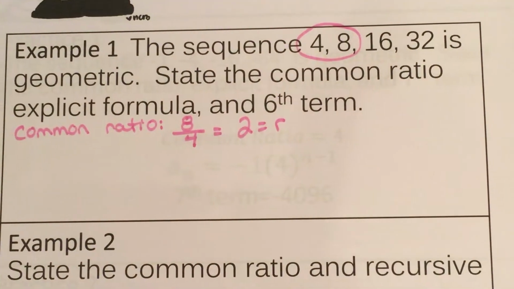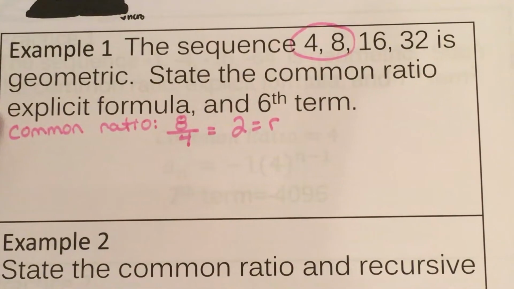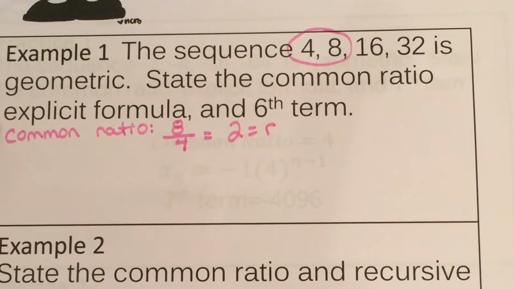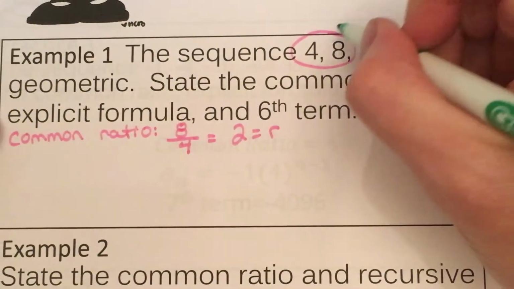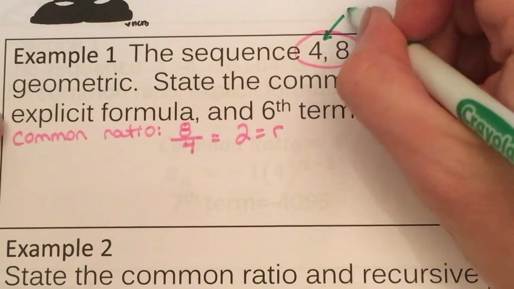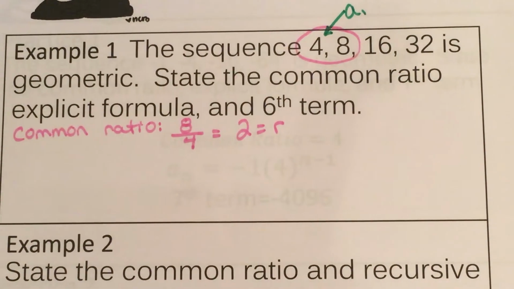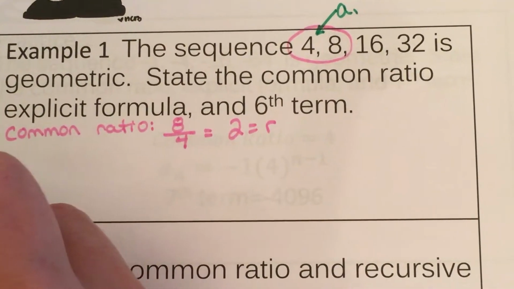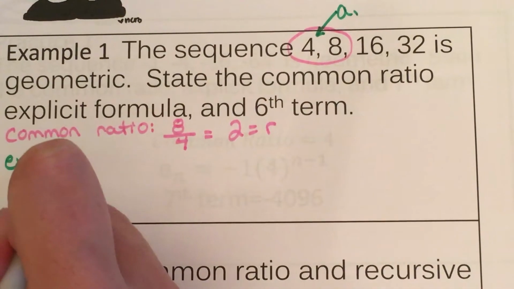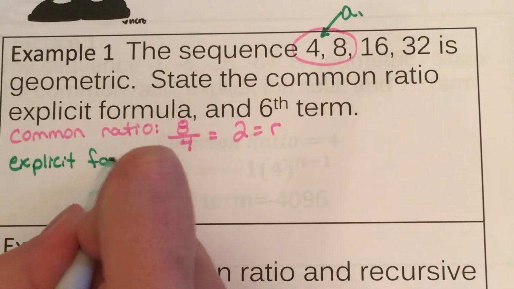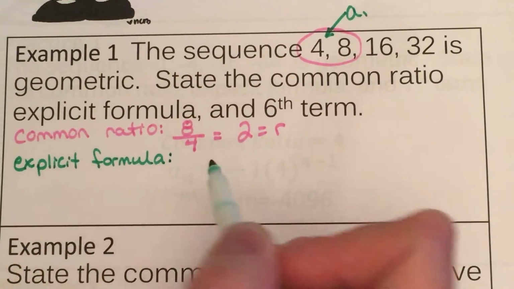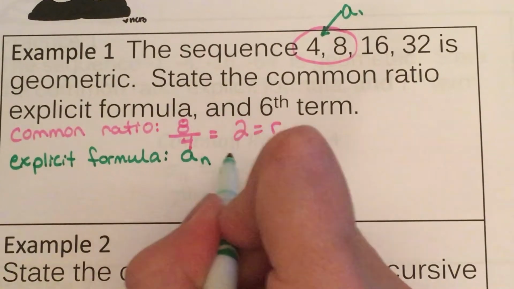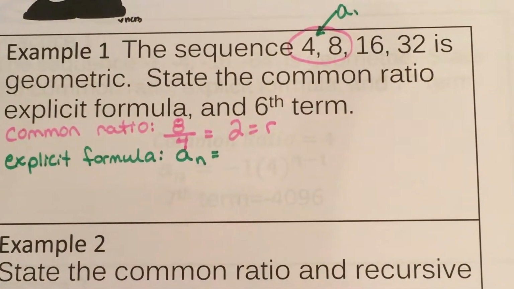Now it's asking for the explicit formula, but in order to have an explicit formula, I need to know what a sub 1 is. My first term is a sub 1. All right? So now my explicit formula, we remember, is a sub n, the nth step.